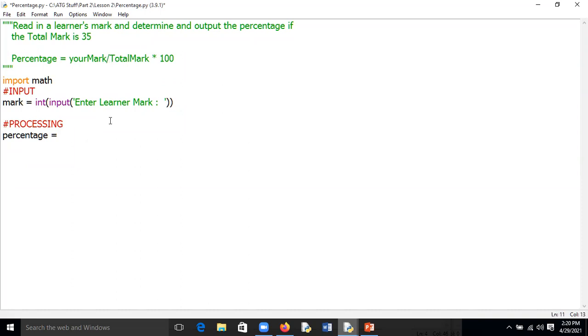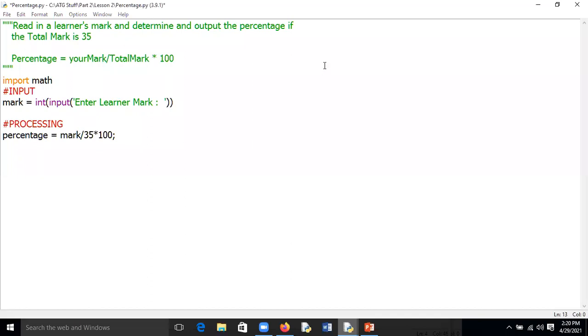So that is what type of division? That is real division, a float division. So that means we're going to get a decimal answer. Just remember that, right? Okay. And I'll show you what we're talking about now. So percentage is equal to the mark that the user entered in the variable mark divided by 35 times 100. And that would give me my percentage.